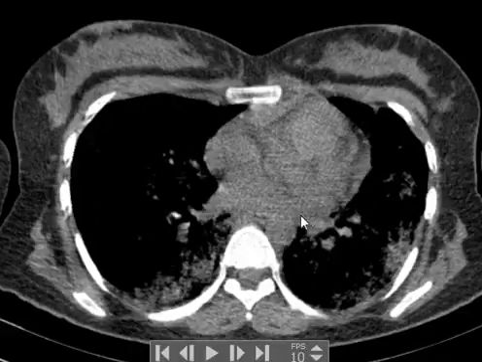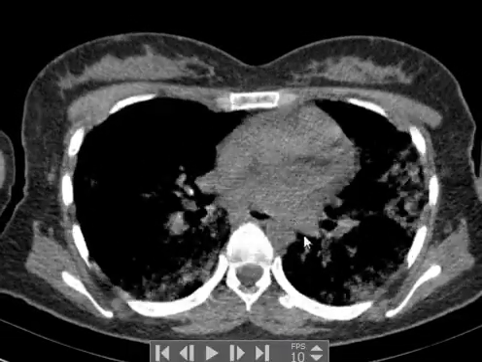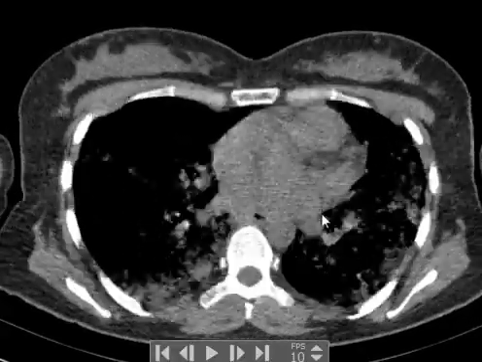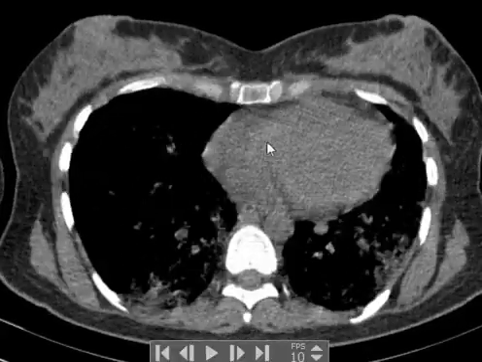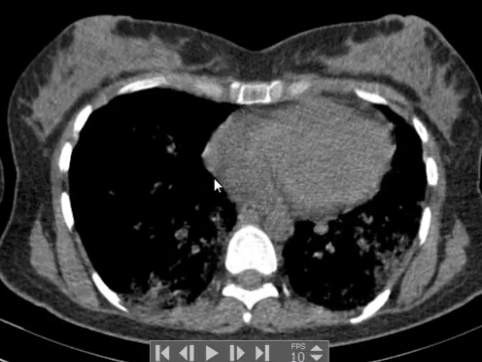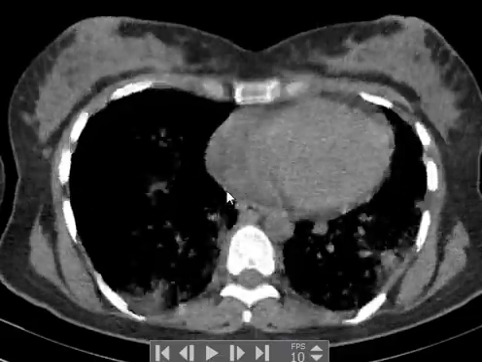So there is no pleural effusion, and there is no lymphadenopathy. The heart size is relatively normal. There is no cardiac abnormality. Consider this is a young patient with no previous history of any cardiac disease.